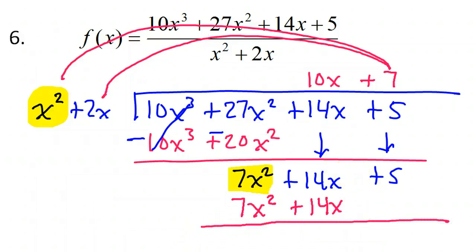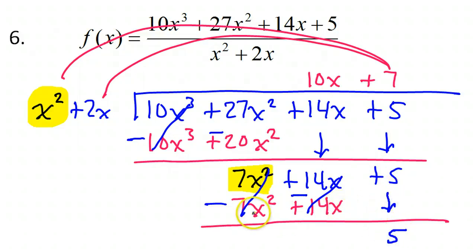And then we subtract by changing the signs, so this will become minus, and this will become minus. Now these will both end up canceling out, and I will just wind up bringing down the 5 as a remainder.